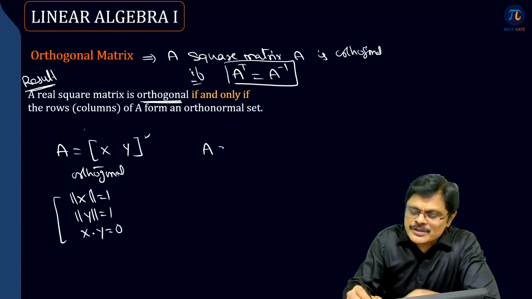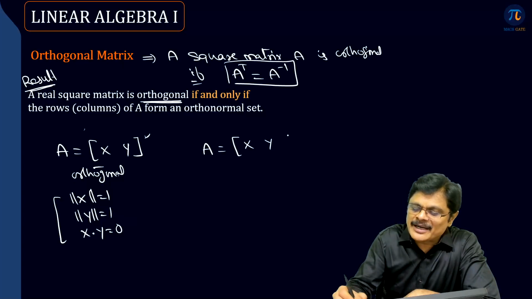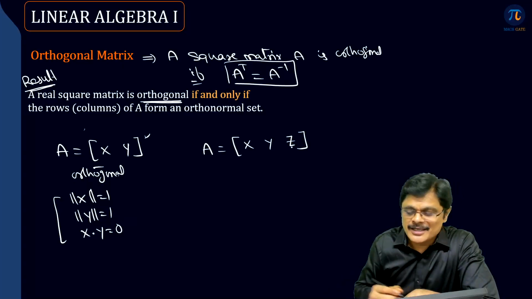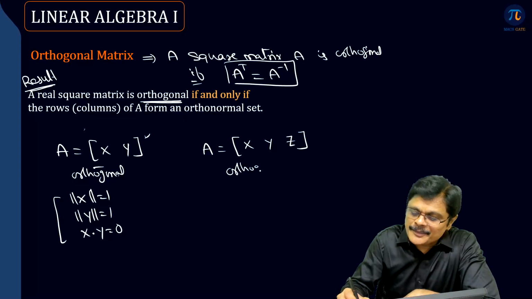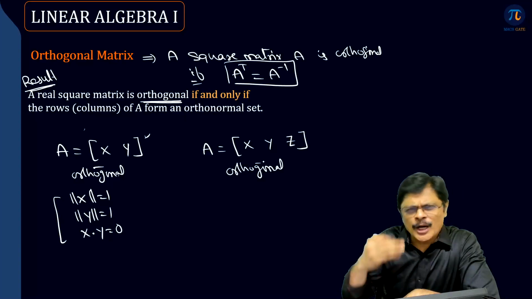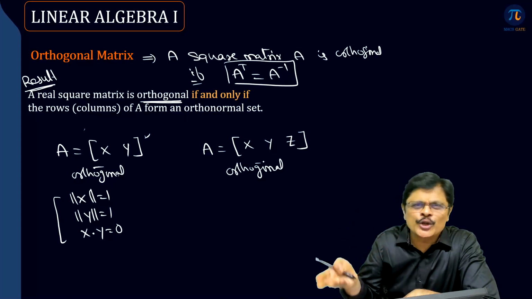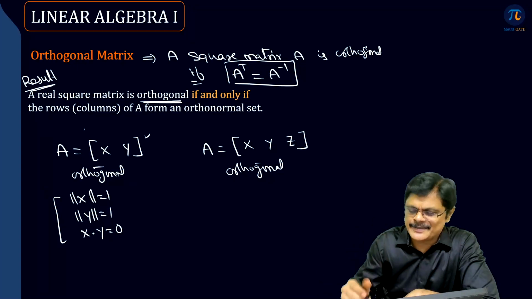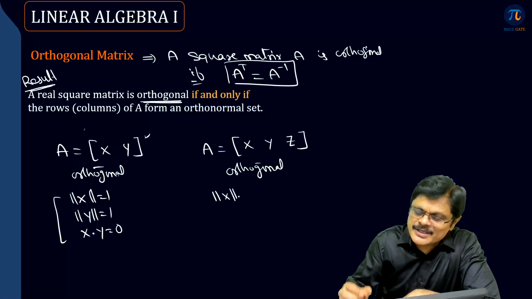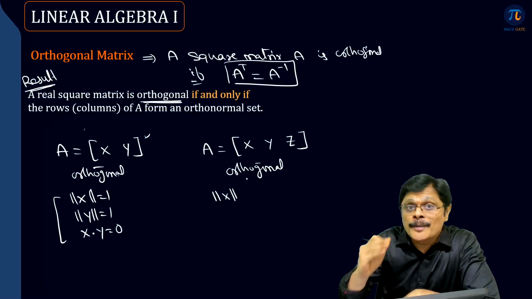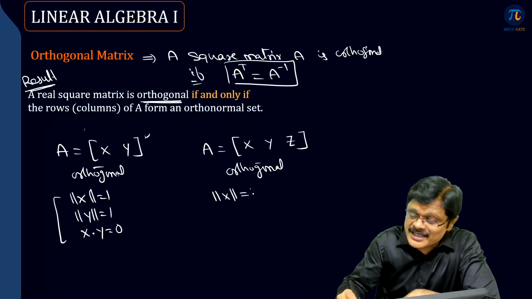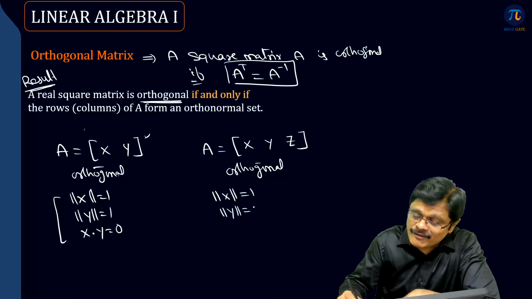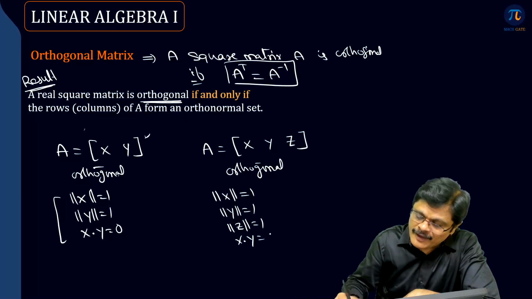Not only that, suppose we consider a 3 by 3 matrix with x, y, z as the columns. If this is orthogonal, not only the columns, even the rows form an orthonormal set, but we mostly write them as columns. So the columns form an orthonormal set. That is, length of x is 1, length of y is 1, length of z is 1, and the dot product of any two vectors will be 0.